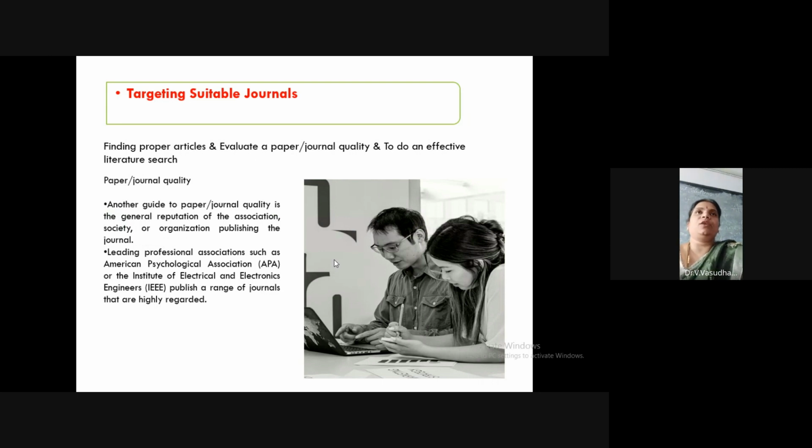And next node is targeting suitable journals. And how are you going to target certain journals? How do you select the journals?